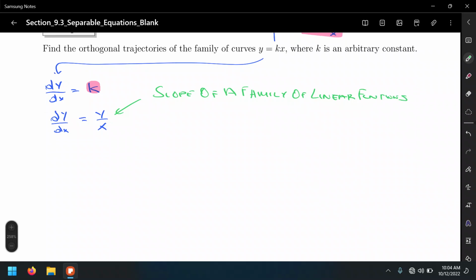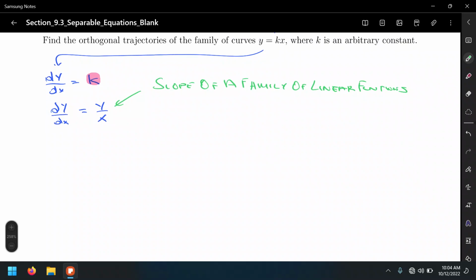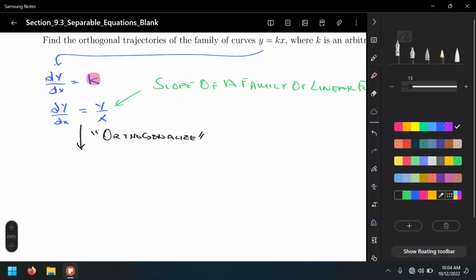So now we want to find the family of orthogonal trajectories. So in this case, let's orthogonalize, and by orthogonalizing we mean to find the opposite in sign and reciprocal of this derivative that we had.